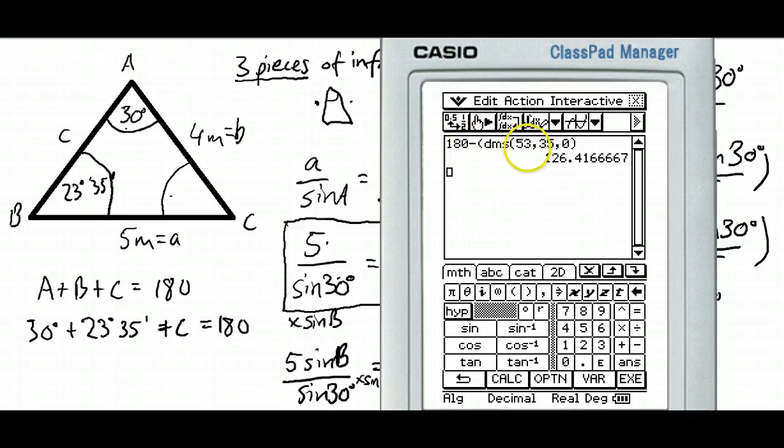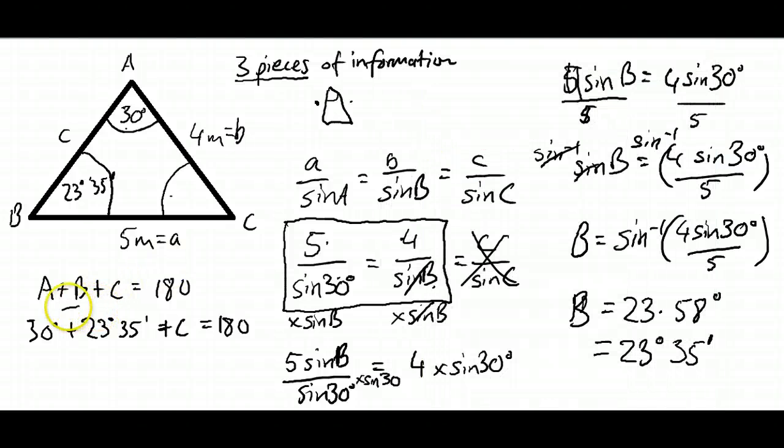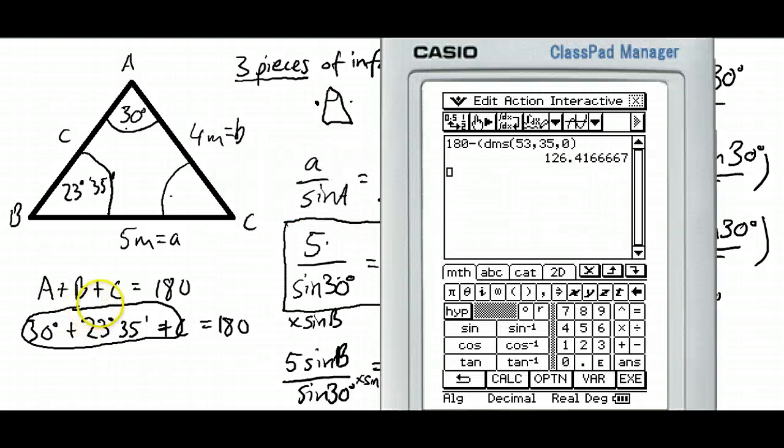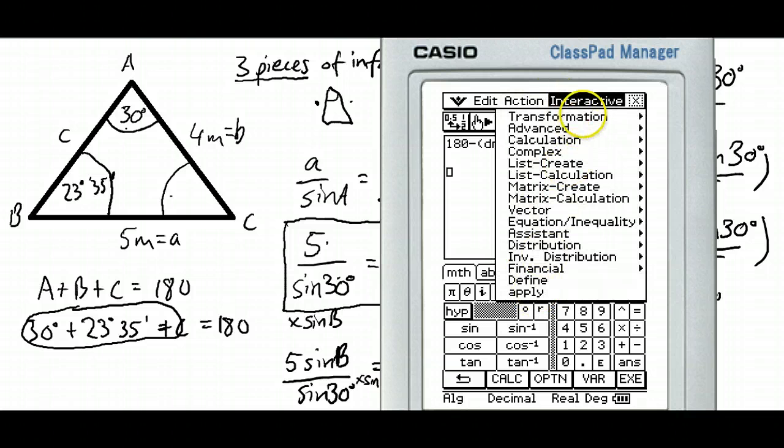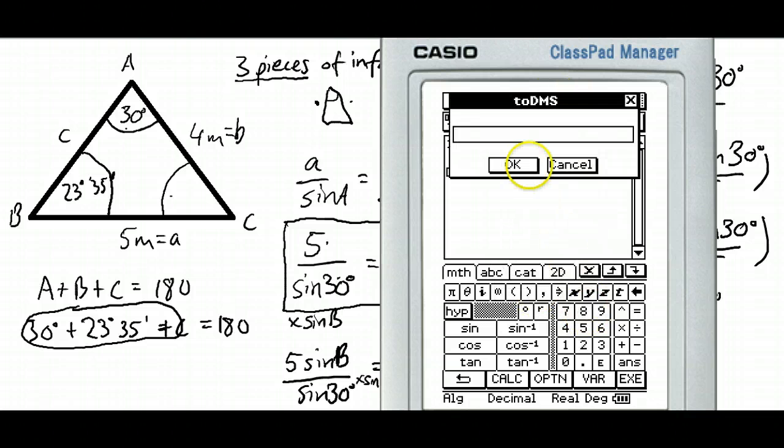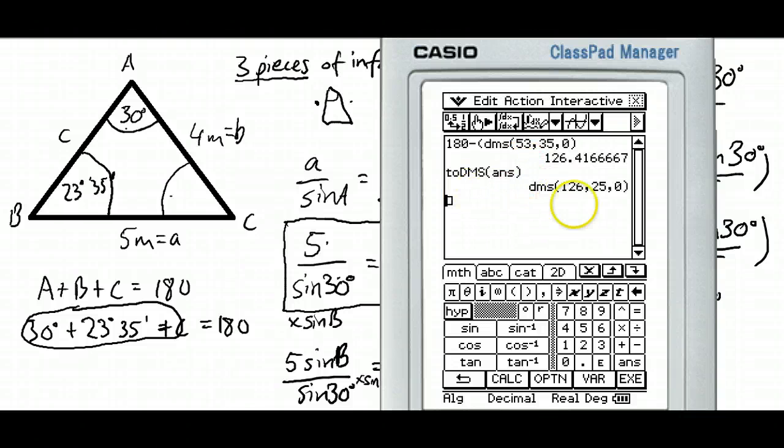So 180 minus 53 degrees 35 minutes, which was these two angles added together, 30 degrees and 23 degrees 35 minutes, gave us 126.41. Let's turn that into degrees, minutes, seconds, and it's 126 degrees 25 minutes.